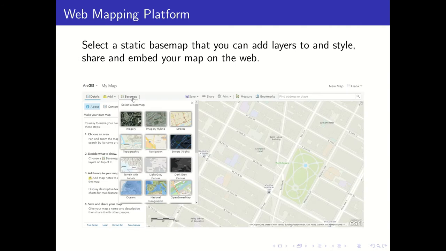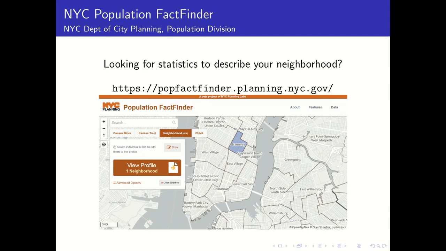With a web mapping platform like ArcGIS Online, the principle is the same. You have the static base map that you choose, and that has a specific coordinate system associated with it, and then you're able to layer all these layers on top of one another and embed them in the map. There's also a video that I put together which demonstrates that more fully.